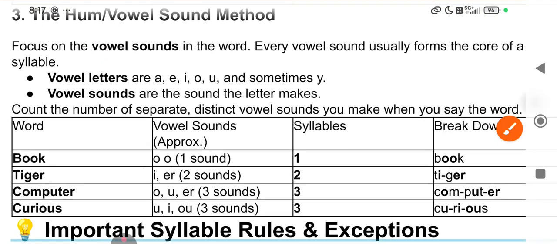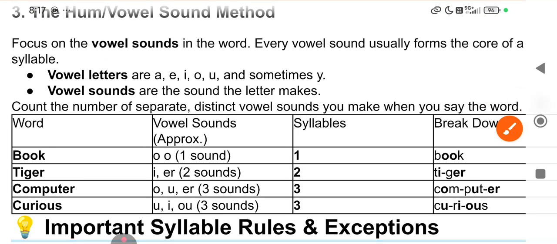Every vowel sound usually forms the core of a syllable. Usually, in some cases, this rule is not used. We'll see what the exceptions are, but here the third method is the vowel sound method. The number of vowel sounds means the number of syllables generally. One or two exceptions are there. We'll discuss it later on.